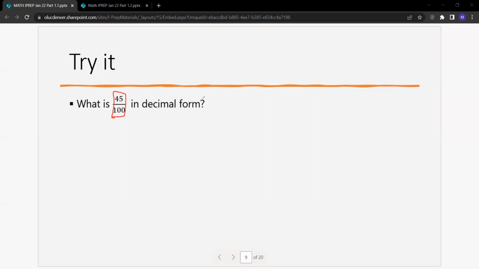When we plug 45 divided by 100, the answer we get is going to be 0.45. So we go from 45 over 100 in our fraction form to 0.45 in decimal form.